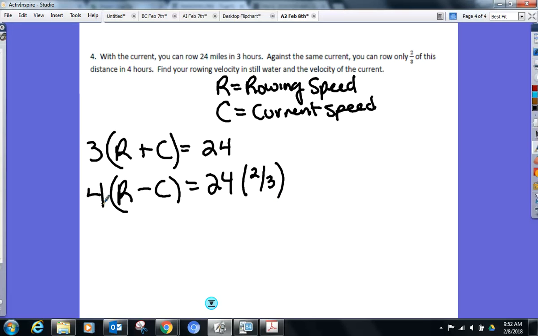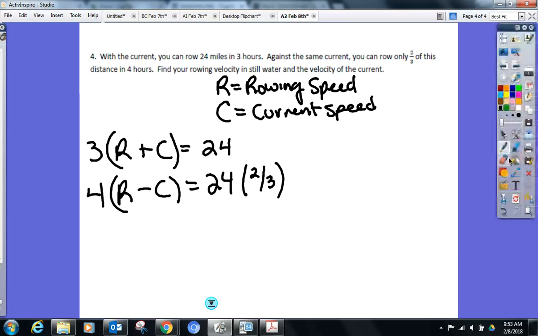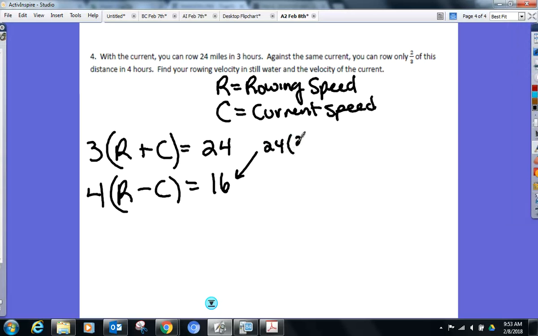Everyone look at the setup. We okay? All right, here we go. I would just maybe clean 24 times 2/3 up. Anybody? 16? Again, I'm just going to make a note. That was 24 times 2/3. Now, again, you want to distribute?